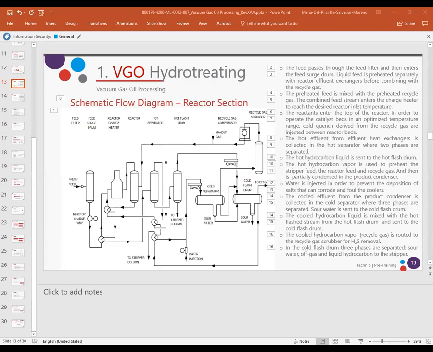So here you have mainly hydrogen with H2S. And in the other, you will have the gas that goes here that will have the lighter components. But of course, you will also have some light components here.